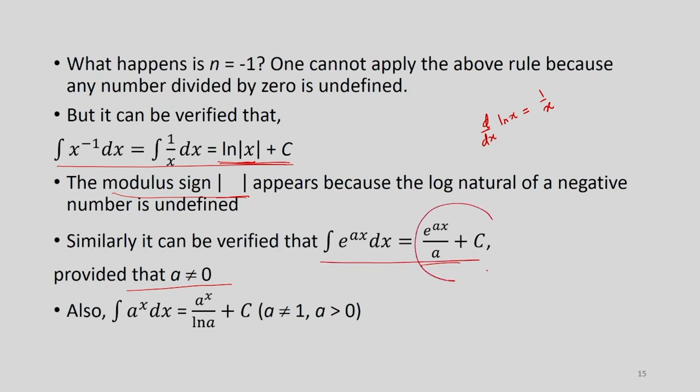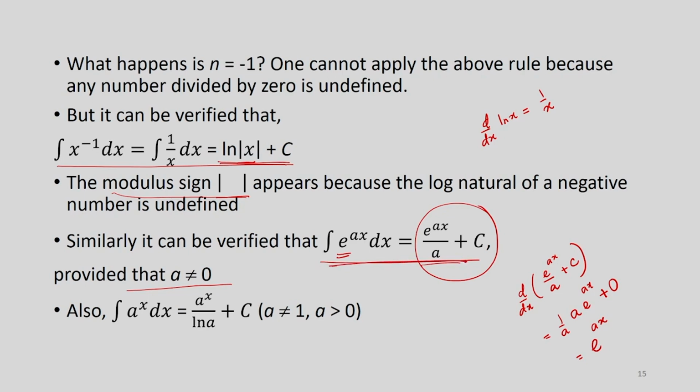Again, you take the derivative of e to the power ax divided by a plus c. What do you get? d dx of e to the power ax is a multiplied by e to the power ax, divided by a, plus 0, and this is simply equal to e to the power ax, which is on the left hand side as the integrand. So this rule is all right.